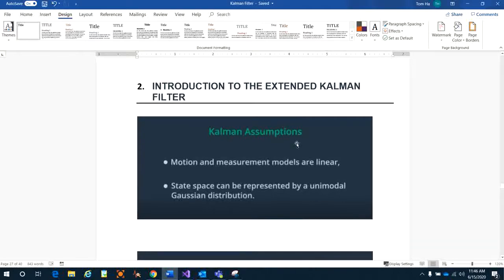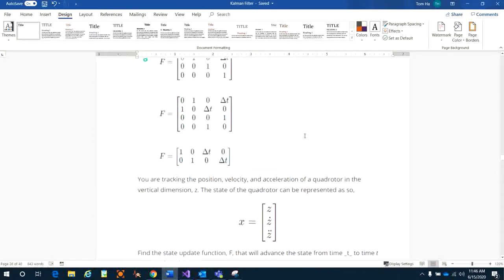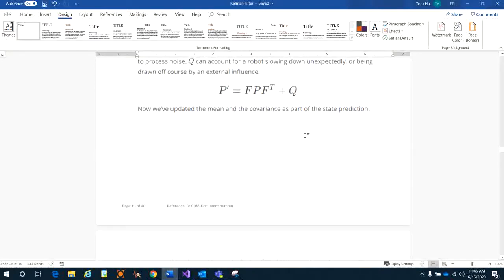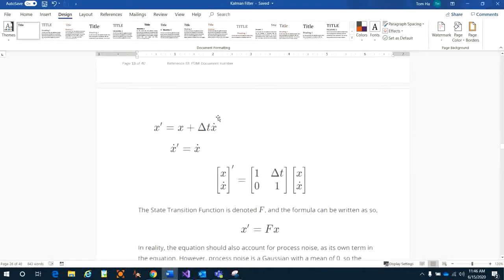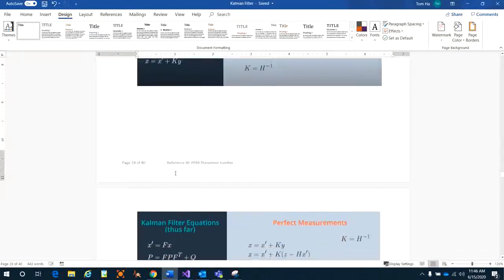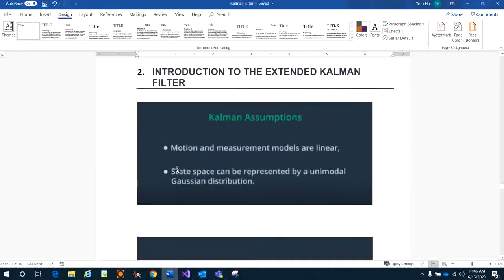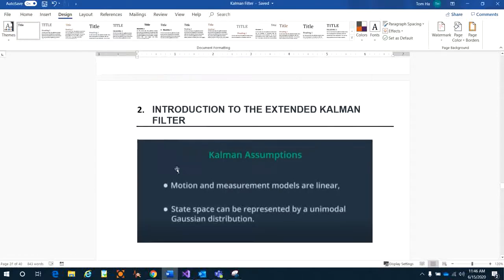Last time you already saw the linear motion, right? We have the model of a linear motion robot. So right now, in the nonlinear motion, how do we solve this problem?